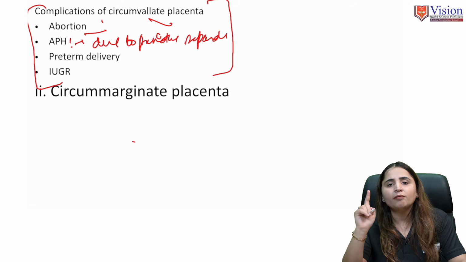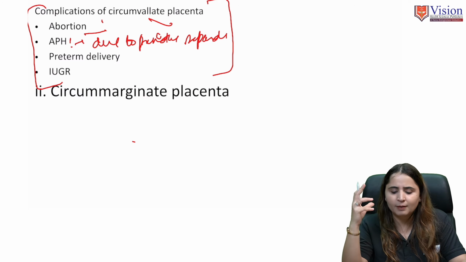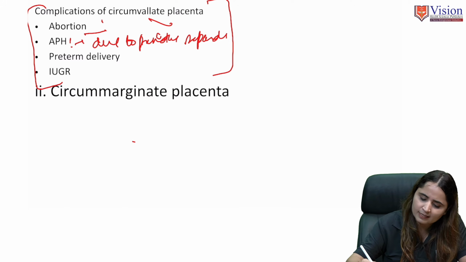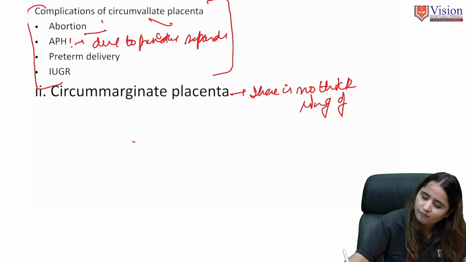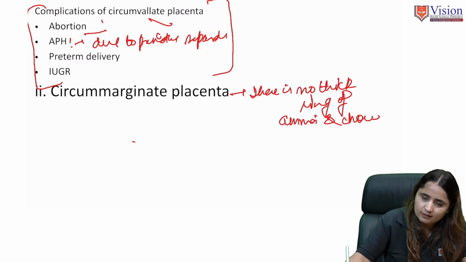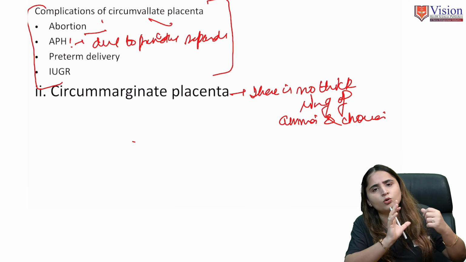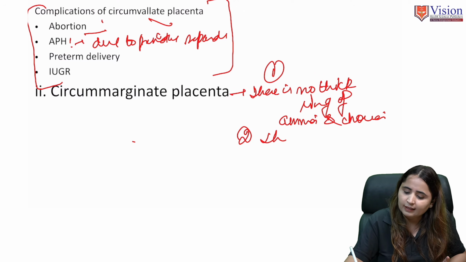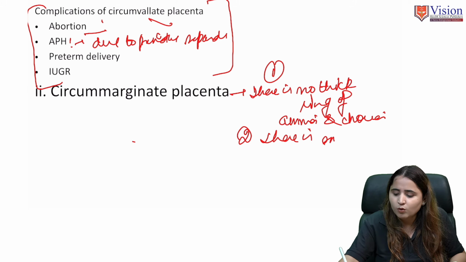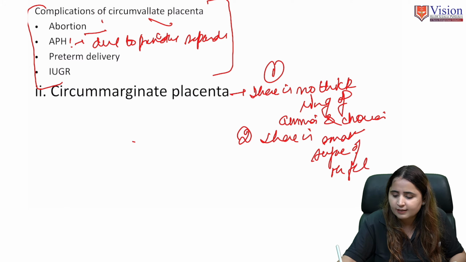Then another type of extrachorial placenta is the circummarginate placenta. In the circummarginate placenta, there is no thick ring of amnion and chorion. एक्स्ट्राकोरियल है मतलब fetal side छोटी तो होगी, but there is no thick ring of amnion and chorion. There is a smooth surface of the fetal side.